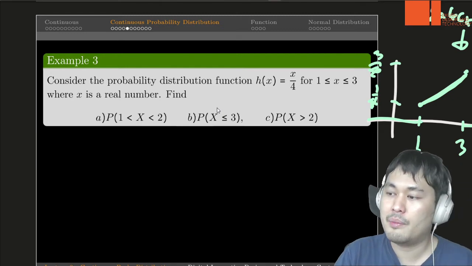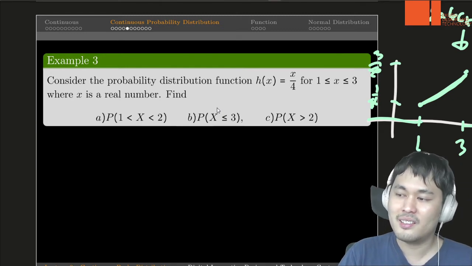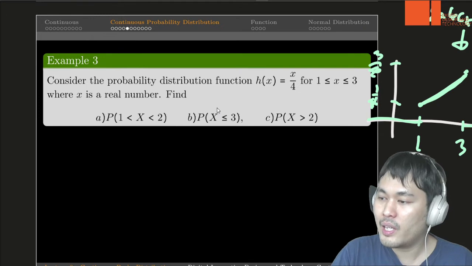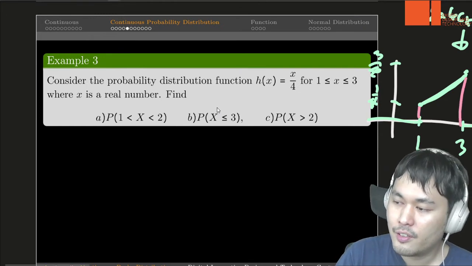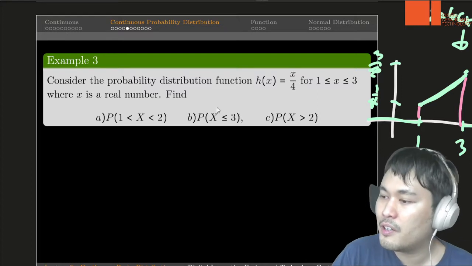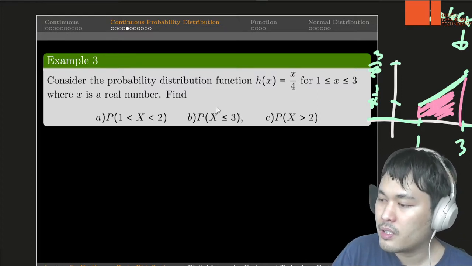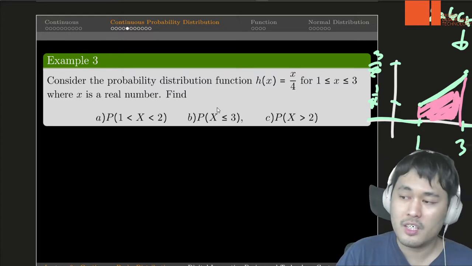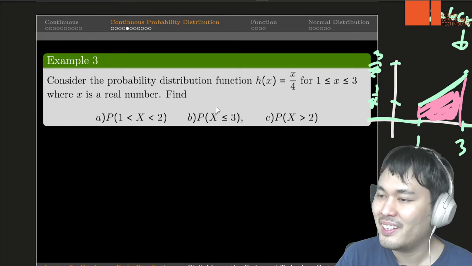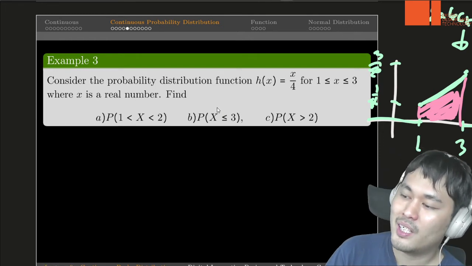Of course, first we have to check if this is indeed a probability distribution function. If you see the graph this way, we are talking about the area under this curve. So we have to add the lines for both ends to this image. Now we have a different shape. This shape is a trapezoid. I took too much time to think about the word.